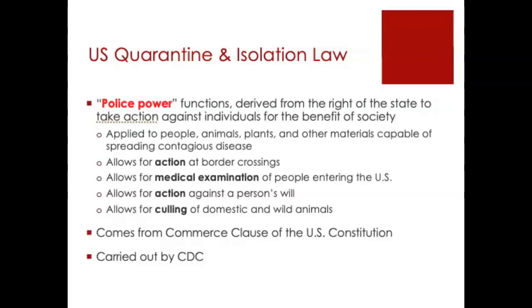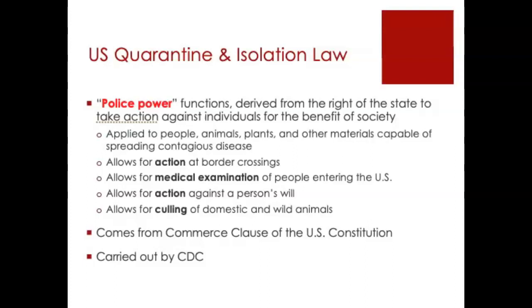In other words, it's possible for a state to tell someone to stay home, and if they don't stay home, the state can then take them into custody and force them to stay out of the popular society. The other thing that our quarantine and isolation laws allow for is for the seizure of domestic animals and also the roundup and seizure of wild animals, so that they can be subject to culling.